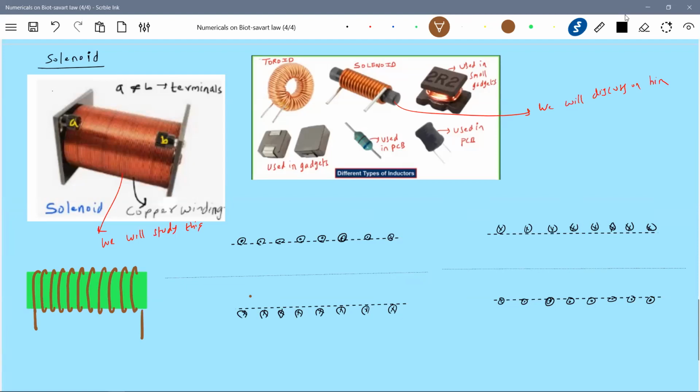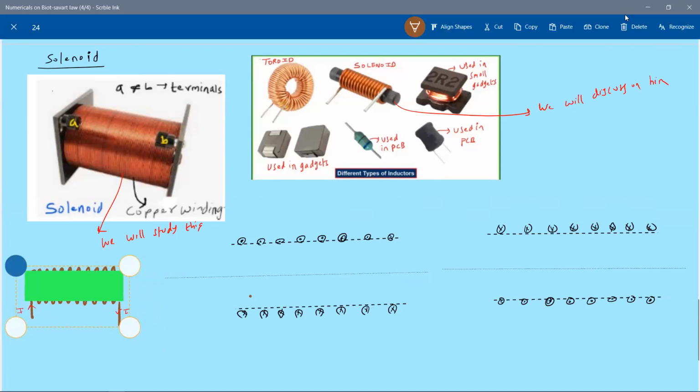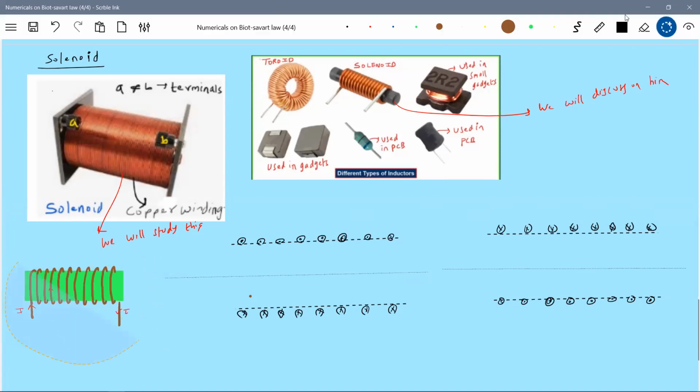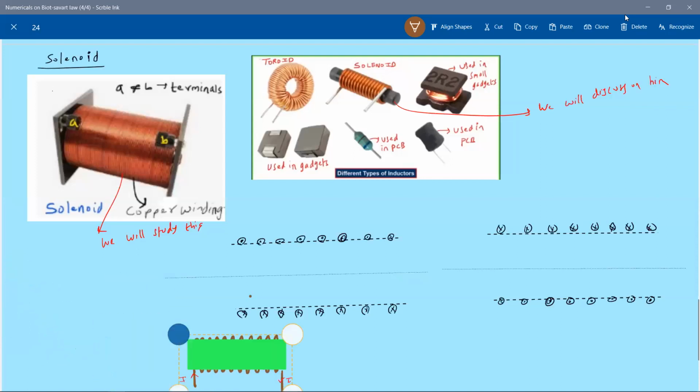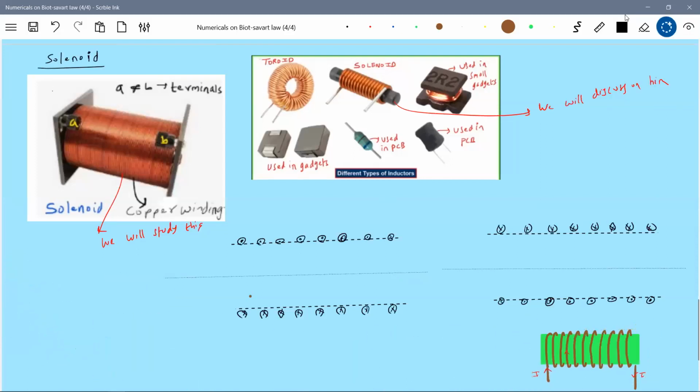It'll be like this. So if a current flows here in this direction, definitely, what do you expect? I think you are going to bring this structure here. Hope everyone is able to understand.